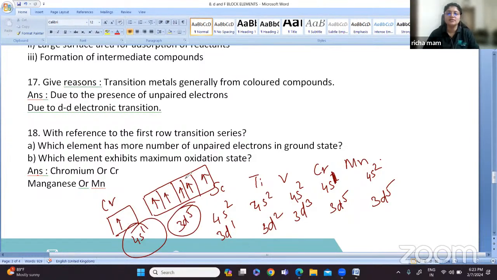There is a maximum number of unpaired electrons in the ground state in chromium. So it is chromium.